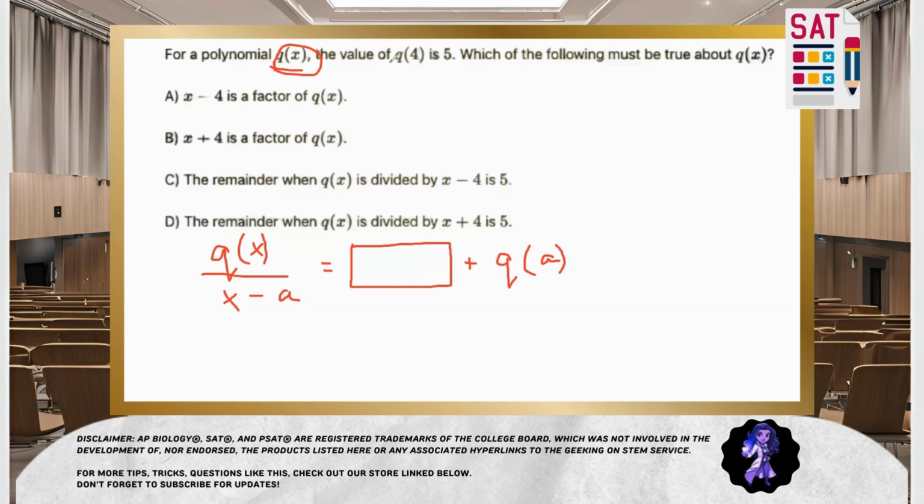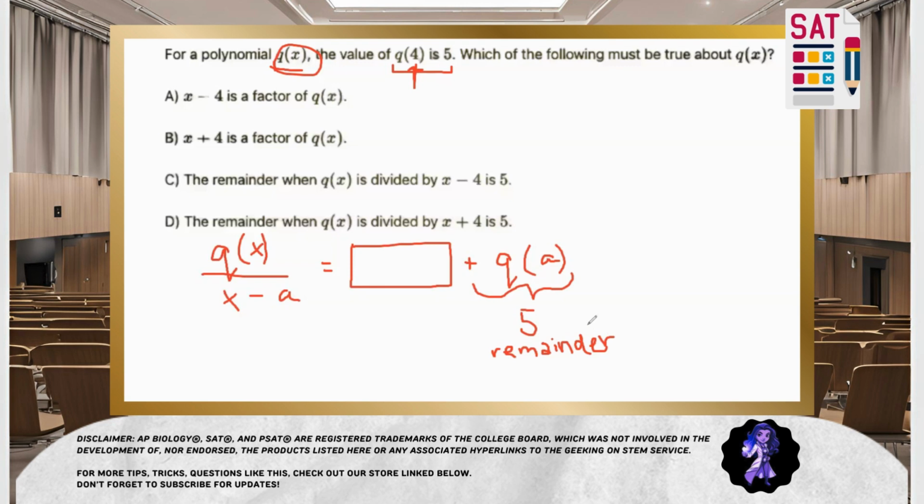Given that they tell us that the value of whatever was plugged in gives you 5, that lets you know that this Q of A is the same thing as saying 5, which is the same thing as saying our remainder. So I'm going to write the word remainder down here so you know that the 5 is your remainder.